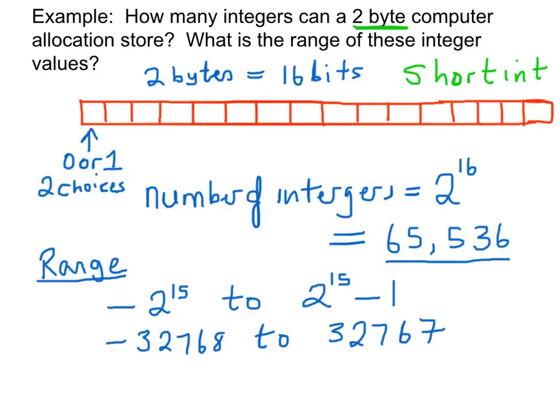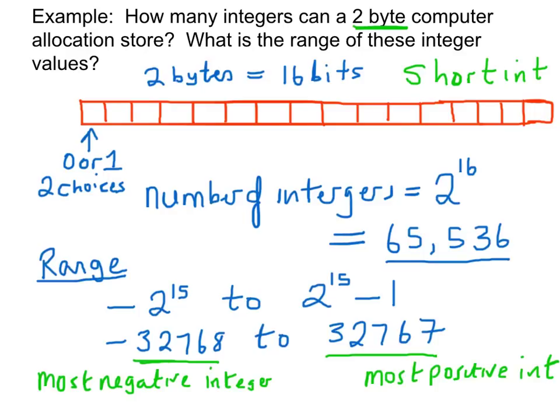Now recall that the 2-byte computer representation was our short int, right? So if you allocate a short int to storing an integer, you can store any integer starting at minus 32,768 and going up to a maximum of 32,767. If you go to store any integer outside that range, so let's say you went to store 40,000 or minus 40,000, what you'd end up with is having an overflow error.